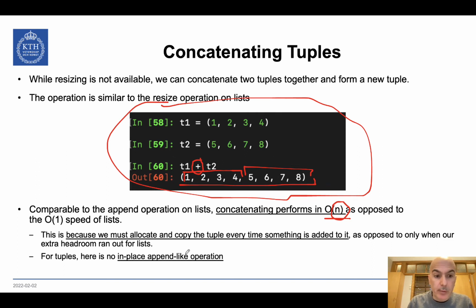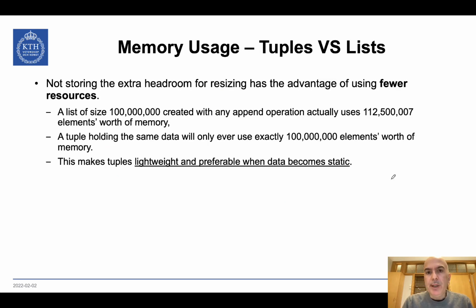So for tuples, there is no in-place append-like operation like we saw in the list. Because tuples don't use this extra headroom, they have the advantage over the list of using fewer resources. We're not over-allocating more memory for tuples.